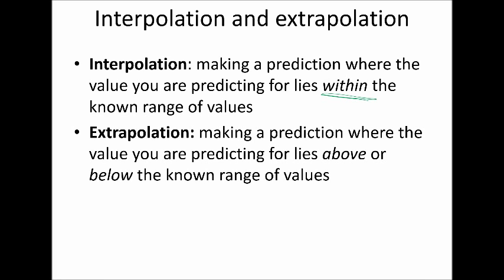So if I have information between 1 and 10, any prediction I make within that range of 1 to 10 is interpolation. Extrapolation, on the other hand, exterior is outside, making predictions above or below the known range of values. So above 10 or below 1, for example.